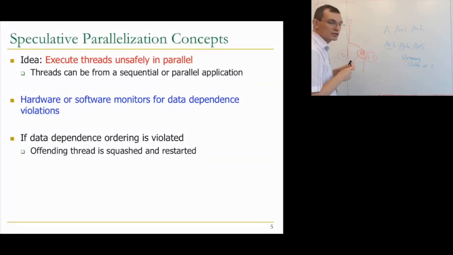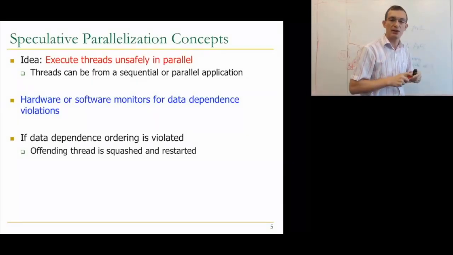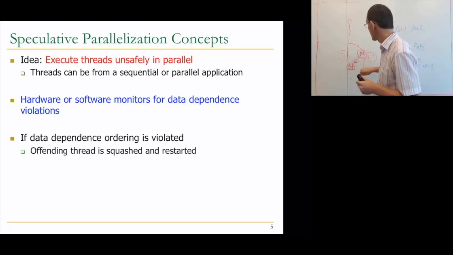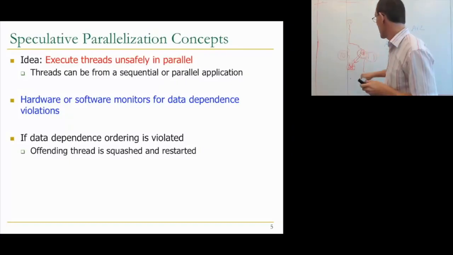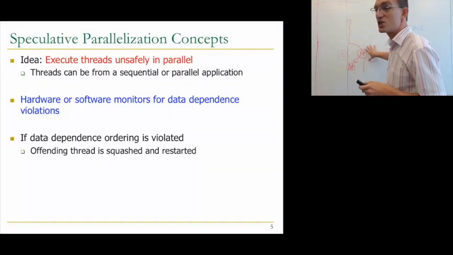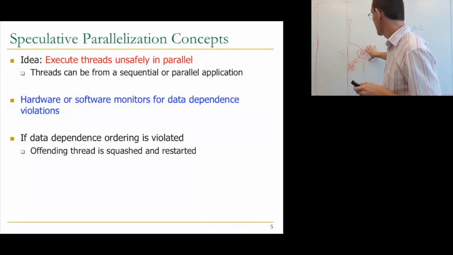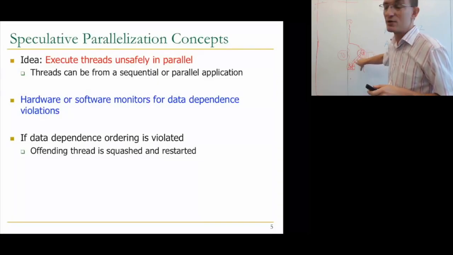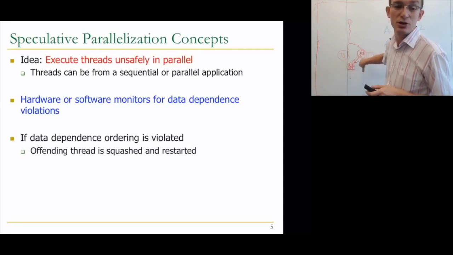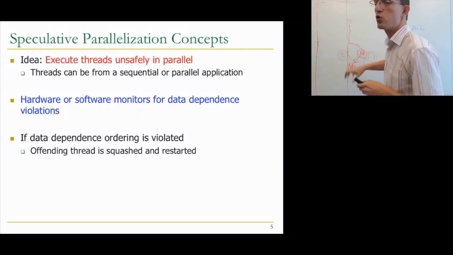The hardware or the software somehow detects this data dependence ordering violation. This load must have been done before the store, but because of speculative parallelization of these two threads, this store happens later than this load. As a result, there is an offending thread. The offending thread is thread 1 in this case because it's logically later. It should be logically later, but it got the data value that's stale, that was not updated, because it executed too early. So this thread can be squashed and restarted.